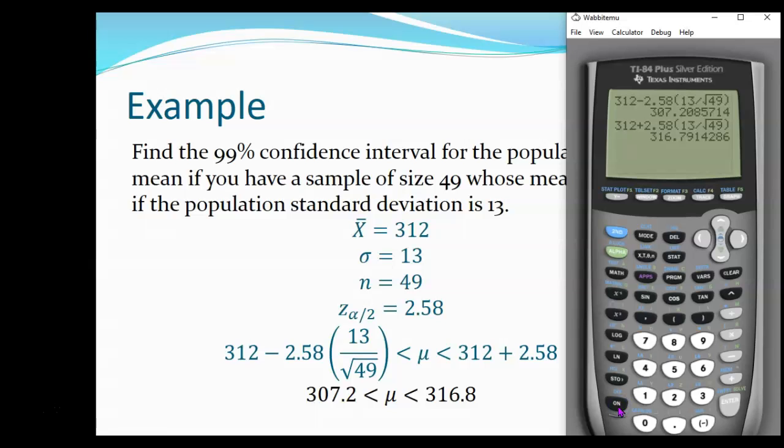Now, if you have a graphing calculator, it does have a special built-in function that will calculate confidence intervals like this for you. To get to that, push the Stat button and use the arrow buttons to go over and highlight Tests and select Z-Interval.